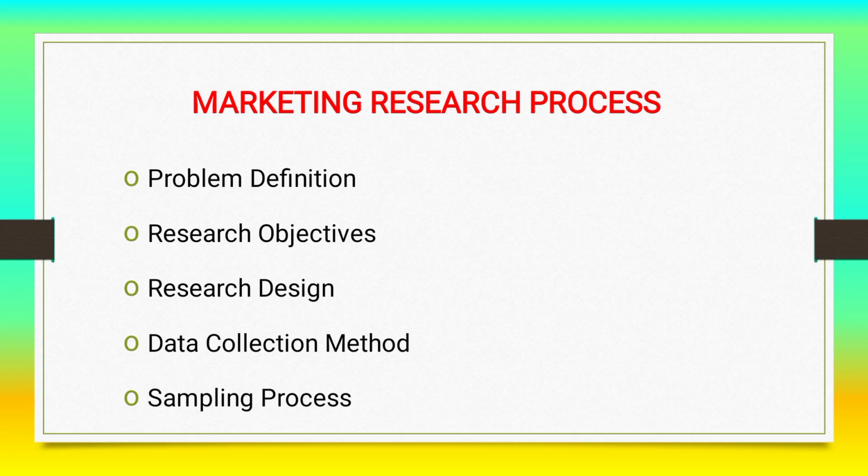Secondary data can be obtained from existing sources like industry reports, company records, or online databases. The choice of method depends on the research objectives, the nature of the data required, and the resources available.